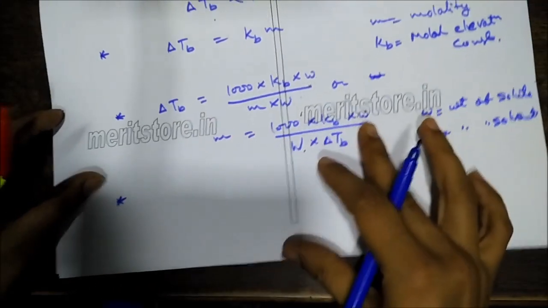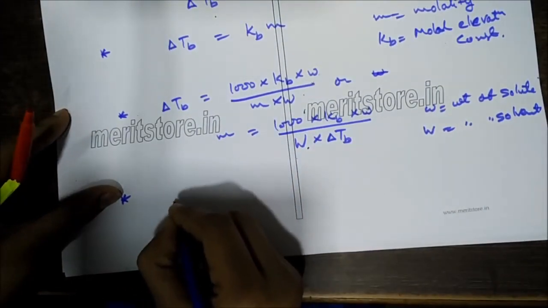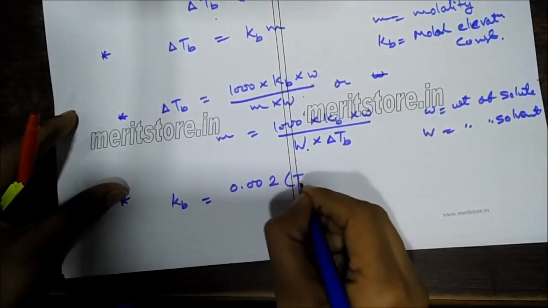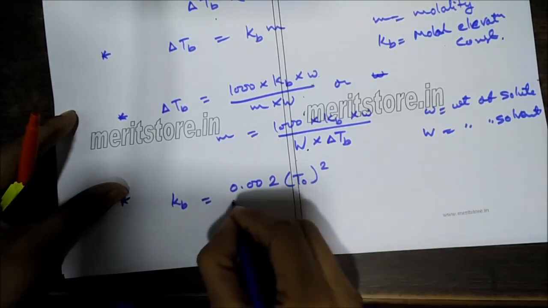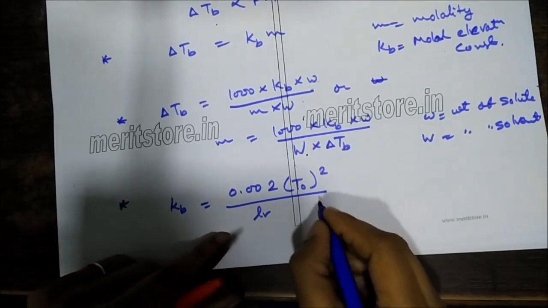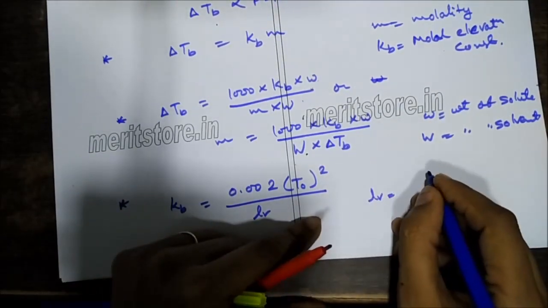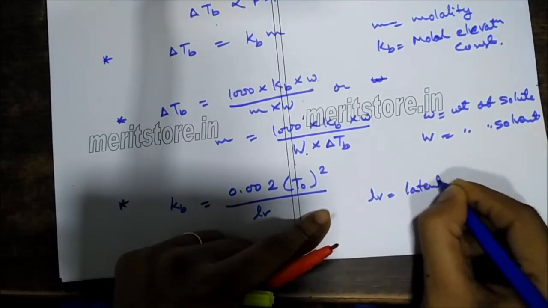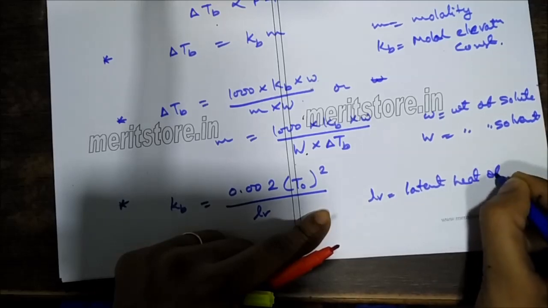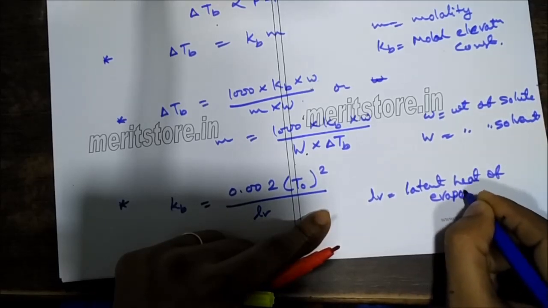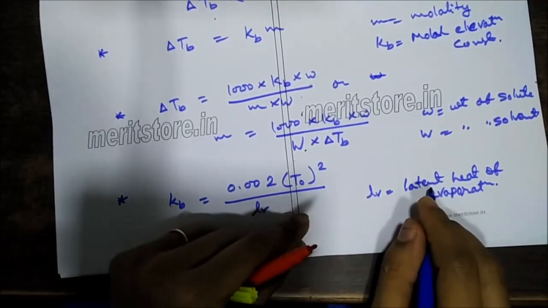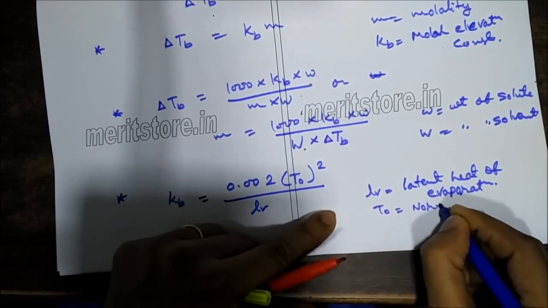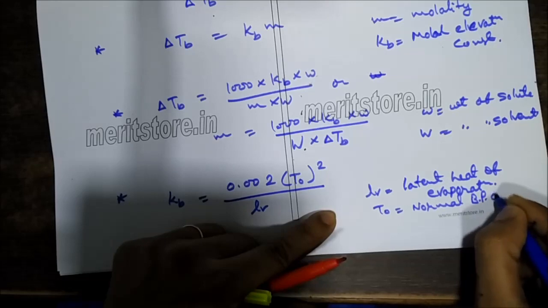Our next formula for calculating Kb is Kb = 0.002 T0 square upon Lv. Here Lv is the latent heat of evaporation, and T0 is the normal boiling point, the boiling point of pure solvent.